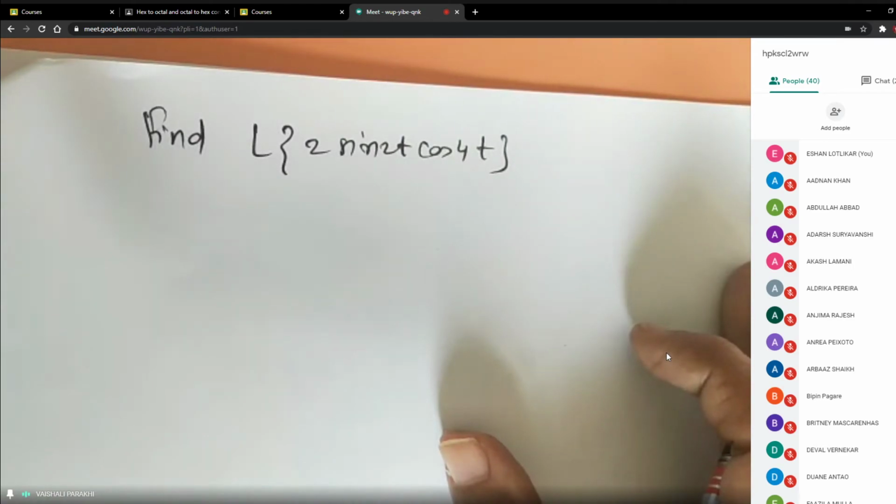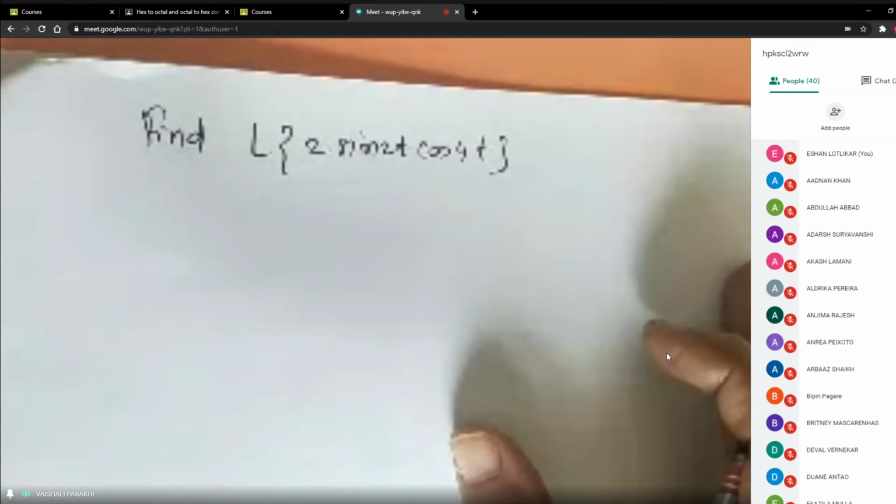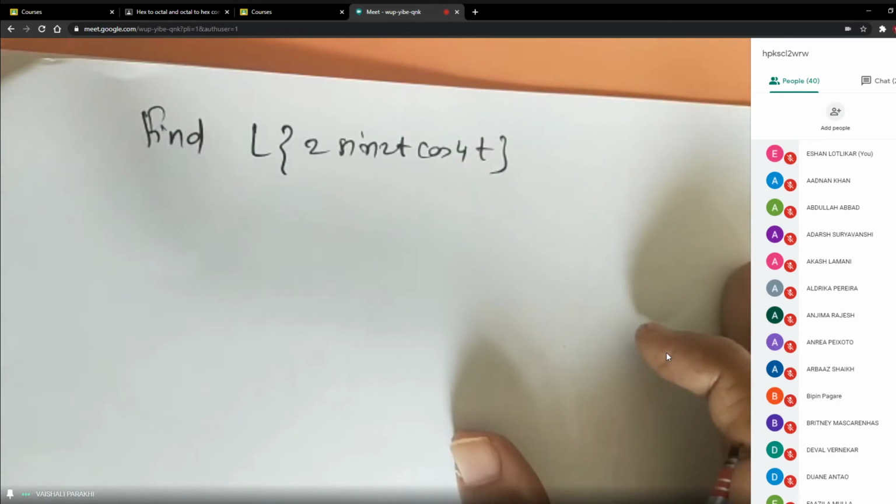Now here also, you cannot directly separate the functions. You cannot write it as Laplace of sine 2t multiplied by Laplace of cos 4t. But what else you can do, students, here?